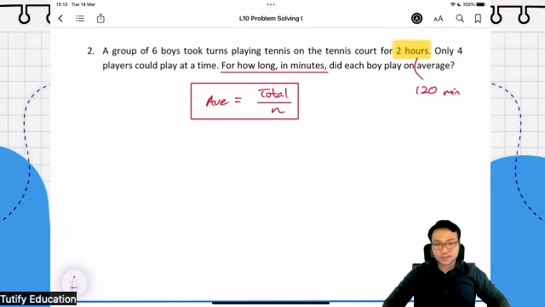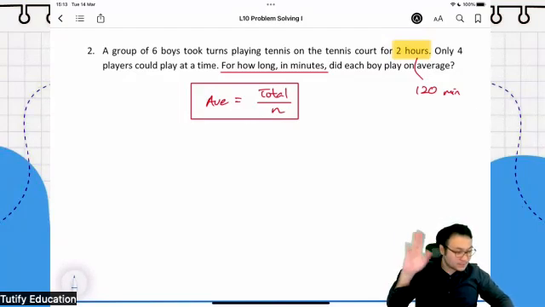Runjie, let me tell you something. Let me ask you something. When you play tennis, okay, let's say you are one of those 4 people playing tennis. Okay, just imagine there's only 4 of you lah. Okay, ignore the 6 people. Let's pretend that there's 4 people. Each of you are playing for 2 hours, right?